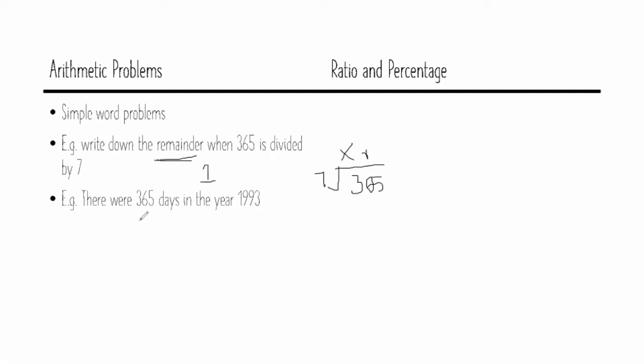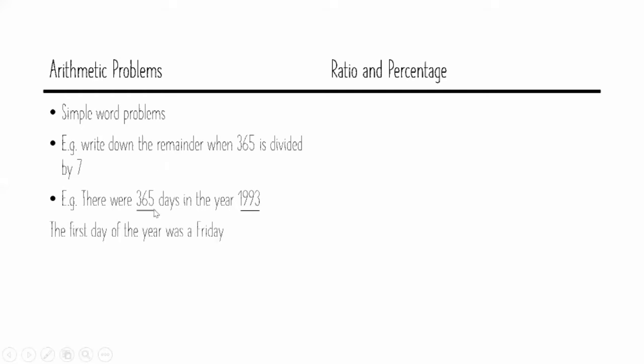The next part says there were 365 days in the year 1993. The first day of the year was a Friday. And on what day of the week did 1994 begin?